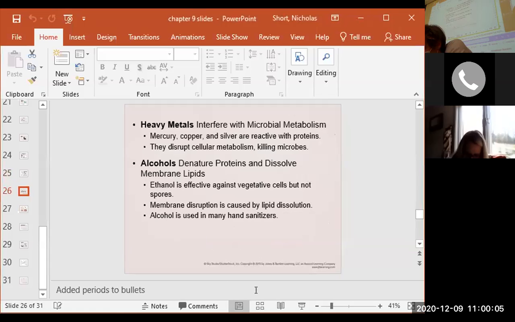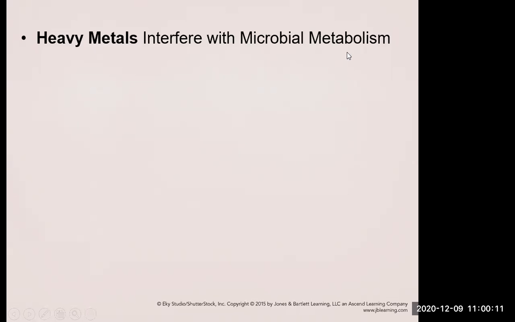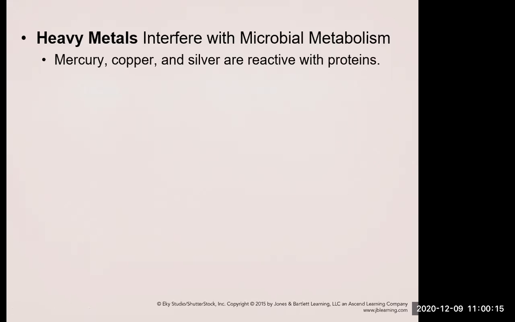All right, we talked about phenol, triclosan. So heavy metals are going to act on proteins of bacterial cells. So things like mercury, copper, silver. When we say heavy metal, that refers to its atomic mass.